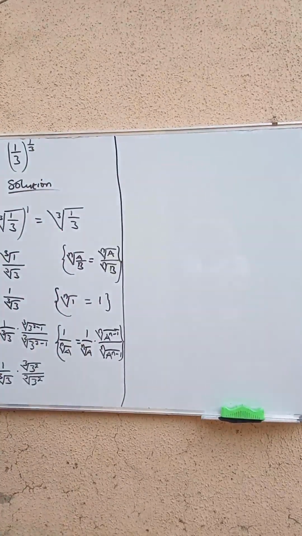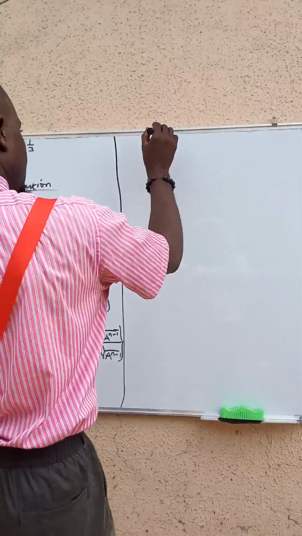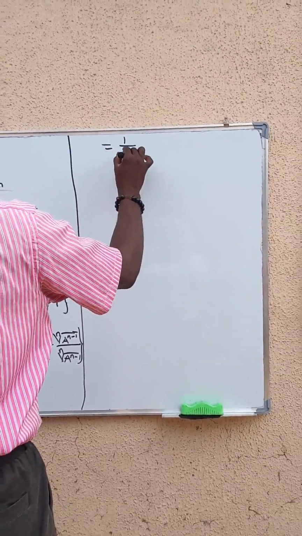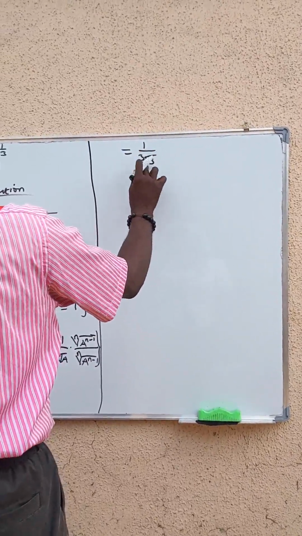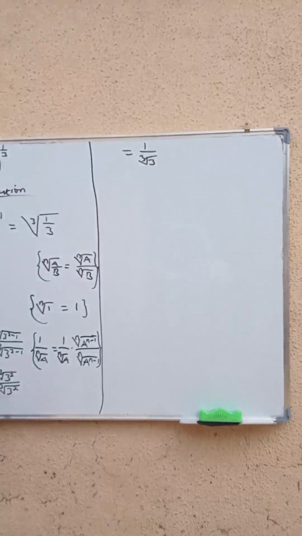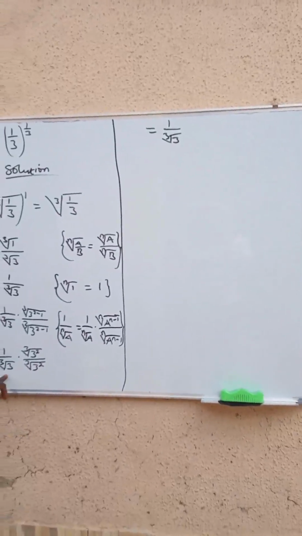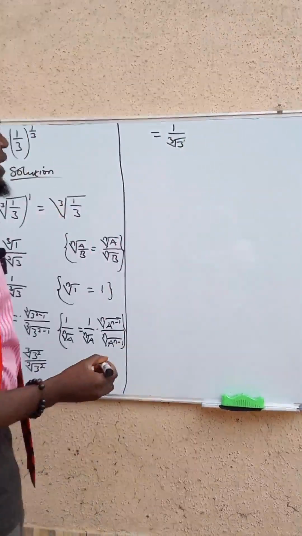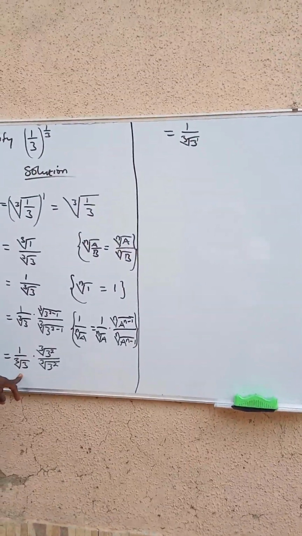Now, this thing simply means you can say equal to 1 over the cube root of 3. Since they have the same cube root, you know they can multiply each other here. I can say this is raised to the power of 1. Anything raised to the power of 1 is the same thing.